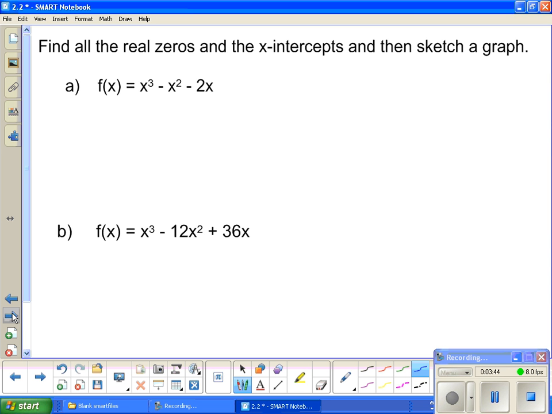Okay? So if we're looking at this one, the only methods we have right now are factoring, the quadratic formula, completing the square, those methods. Okay, so first, the greatest common factor is an x. Now let's factor this.